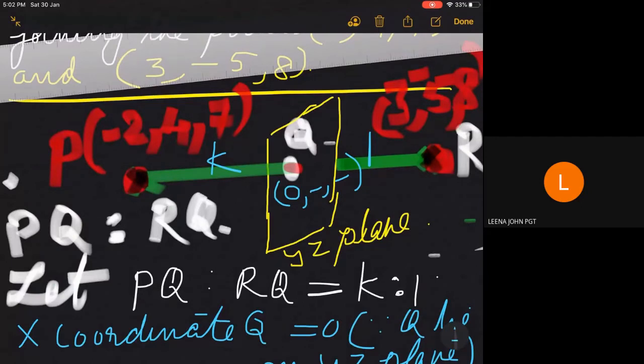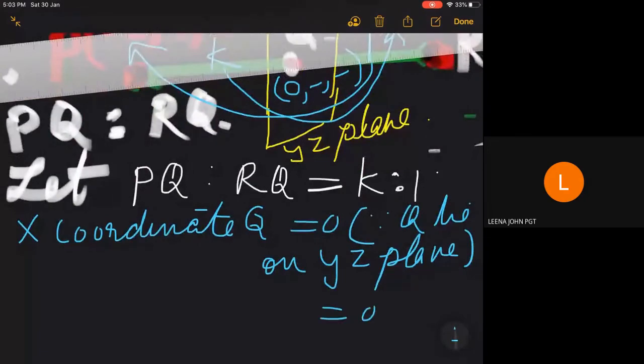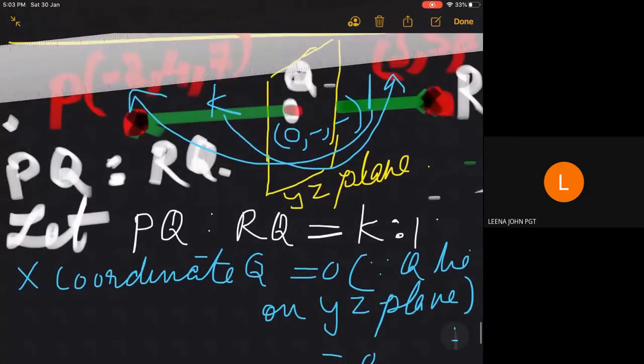So what is the X coordinate of Q by using the section formula? It is (k into 3 plus 1 into minus 2) by (k plus 1). So that is equal to 0.